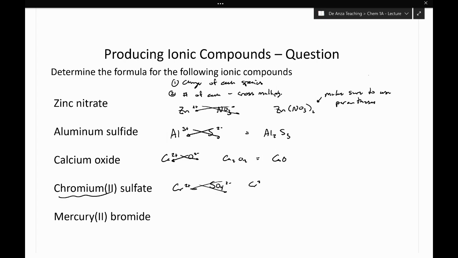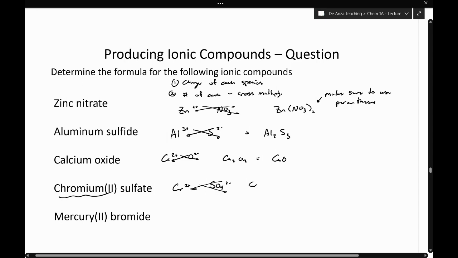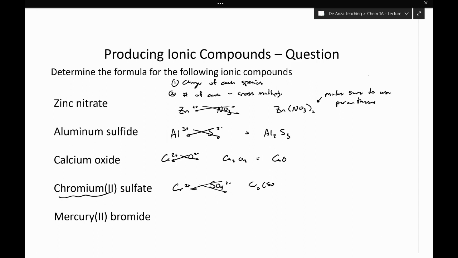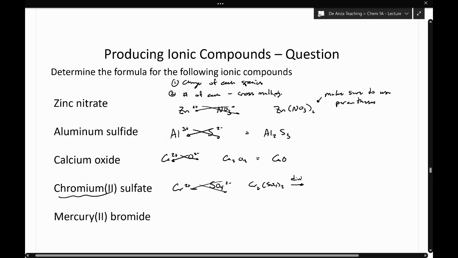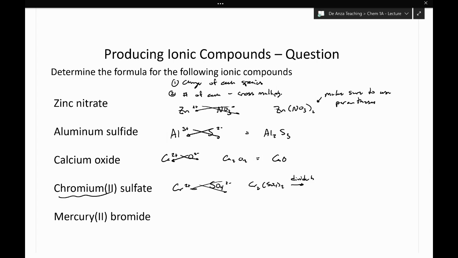So we have Cr2(SO4)2, and then we can divide all the subscripts by 2, and we get CrSO4. And that's the same thing we did here, divide by 2. And then our last one is mercury bromide.